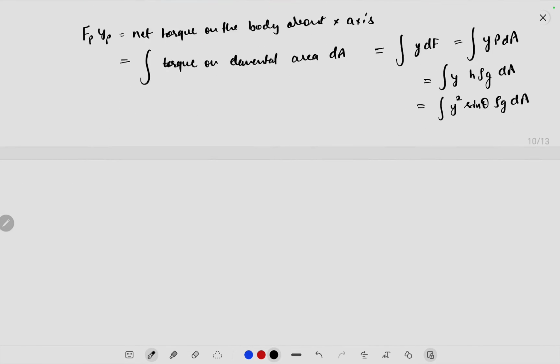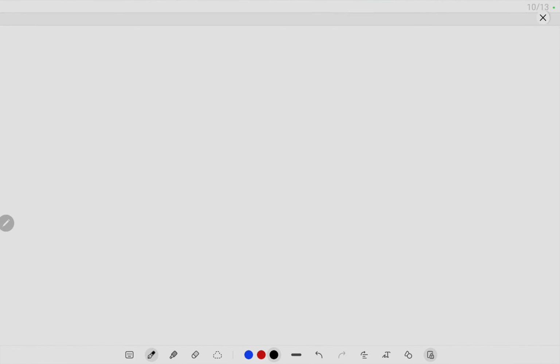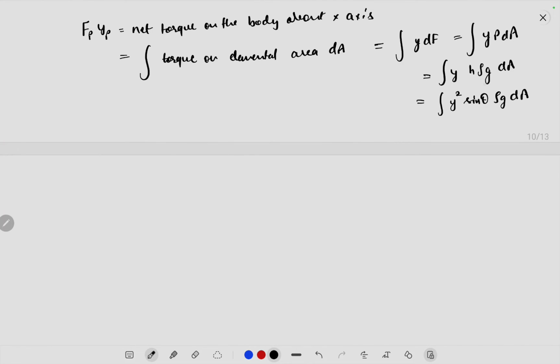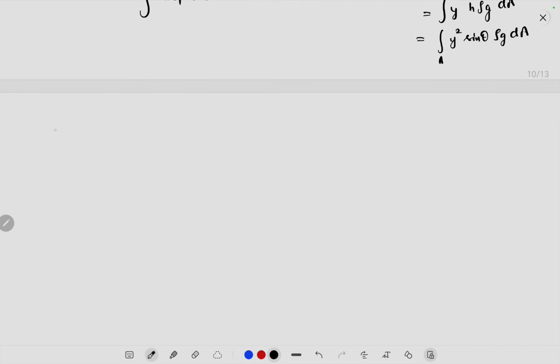Okay, integral over A. So integration over A of y square sin theta rho g dA, what would this be equal to? Now this angle is fixed, rho is not changing with area and g is also not changing with area, so we can just take them outside: sin theta rho g times the integral over A of y square dA.